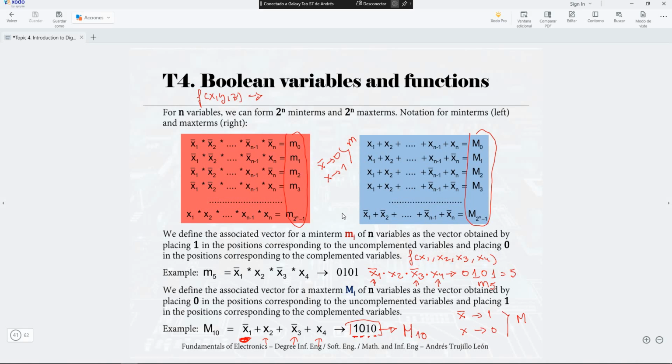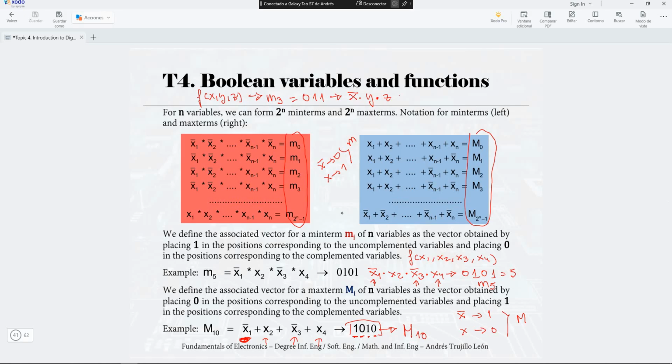Obtain the min term 3 of the function. So 3 in binary is like this. So it's a min term. If it's 0, the variable is going to appear negated. And if it's 1, it's going to appear non negated. Okay, this is the min term 3 for a 3 variables function.